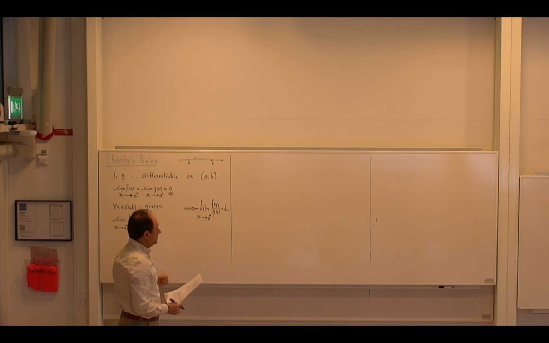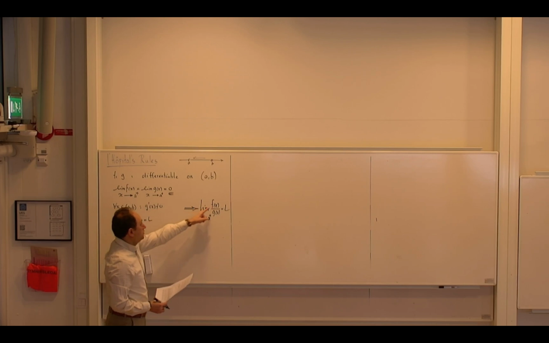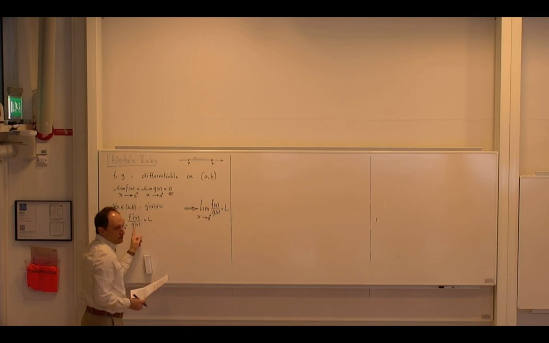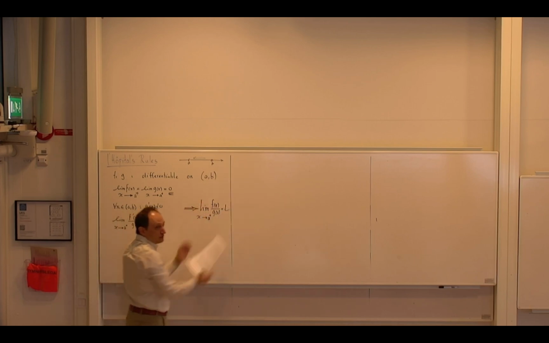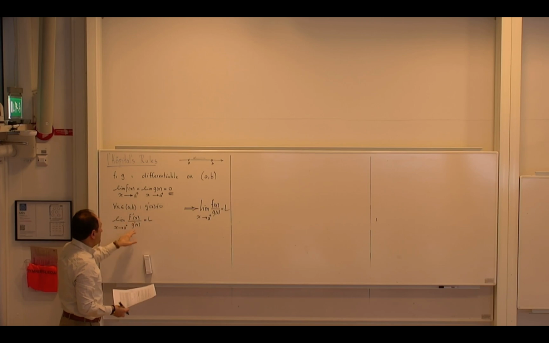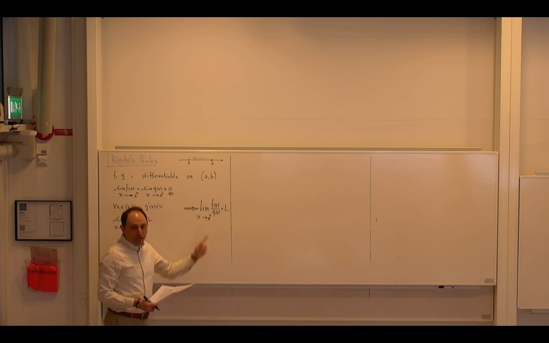Then, instead of calculating this limit, you can differentiate the numerator and differentiate the denominator separately, not differentiating the fraction. That is not the case. You differentiate them separately and calculate this limit instead. If you are lucky and this limit turns out to be L, then you can say that the original limit is also equal to L.